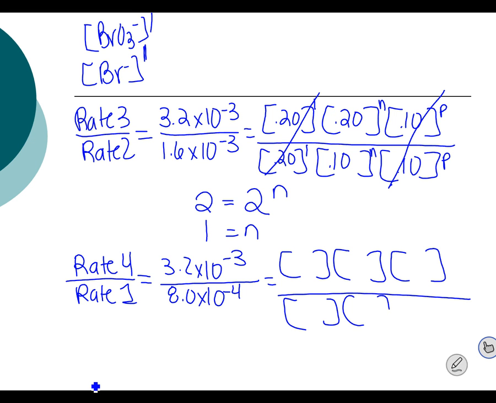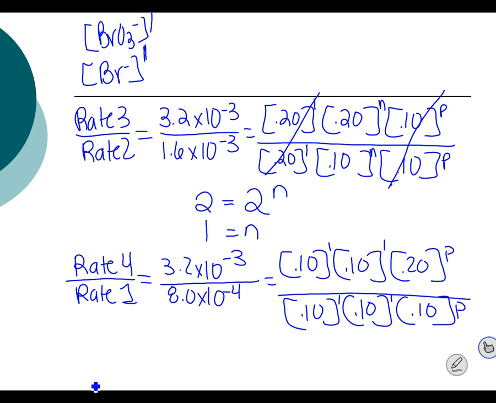We wanted bromate and bromide to be constant this time, and they were. They were all 0.1. And we know their orders even, so we could plug those in. And we wanted our hydrogen to change this time, which it did. It was 0.2 over 0.1.